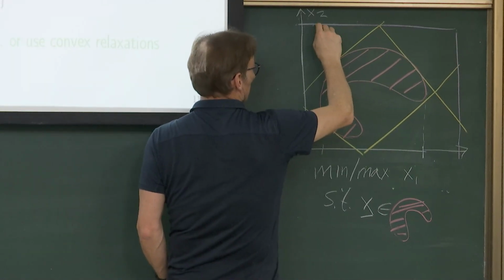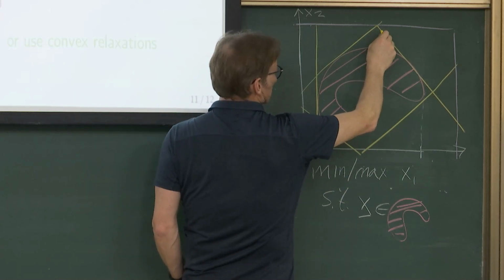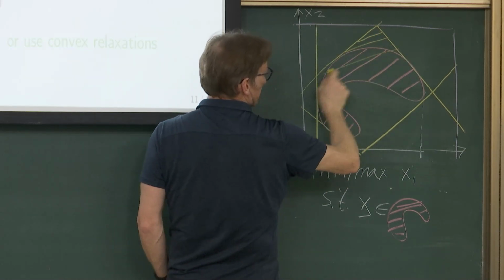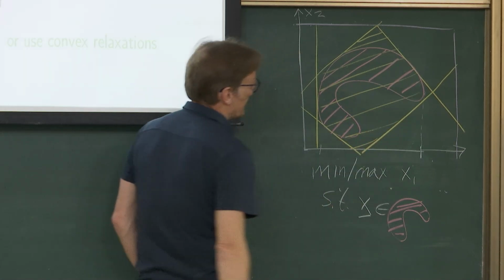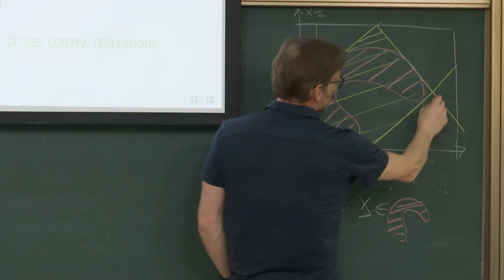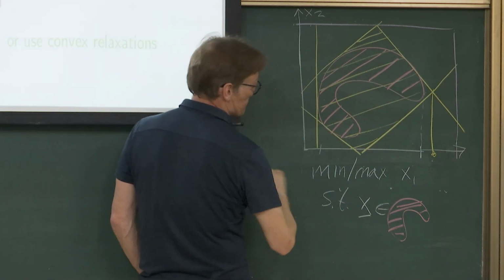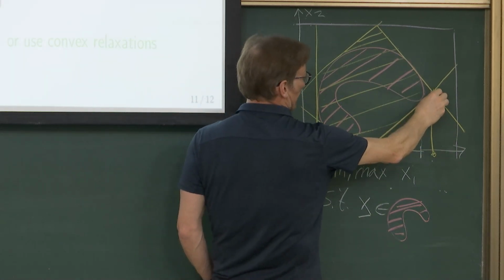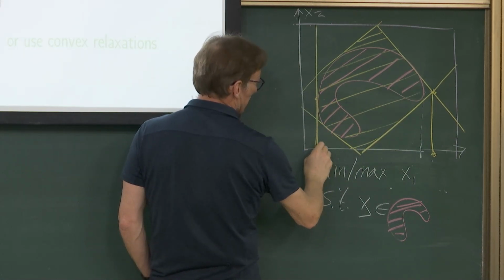And so, instead of minimizing over the red set, I can now minimize over the yellow set. And then the bounds that I would get would not be as tight. So this would be the upper bound that I would get if I maximize over this set. That's as far as I can take it. If I minimize over the set, I would maybe get something over here.